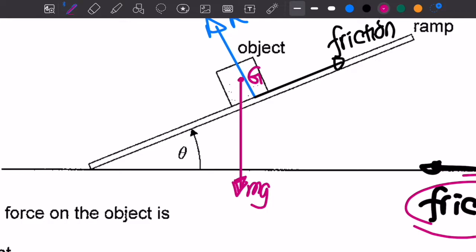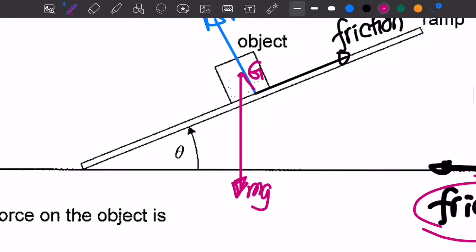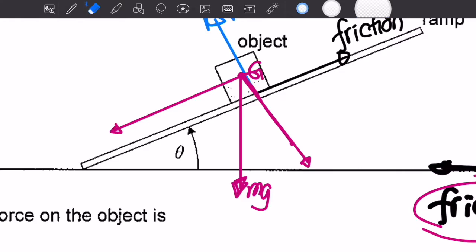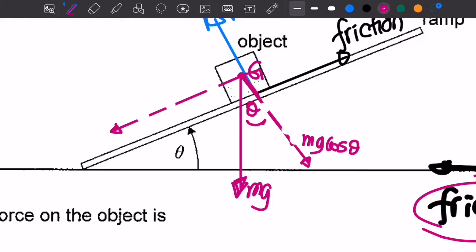The weight of the object I am going to break into two parts, or resolve into two components. One is parallel, one is perpendicular to the surface, right? So here, if this is theta, this is theta, so this part will be mg cosine theta. The one parallel to the inclined plane will be mg sine theta.